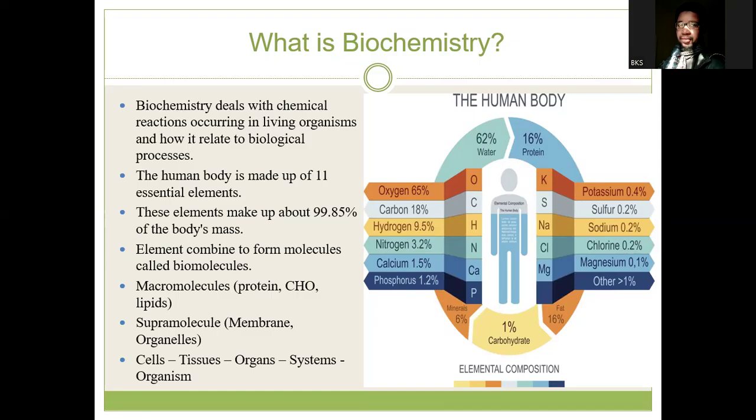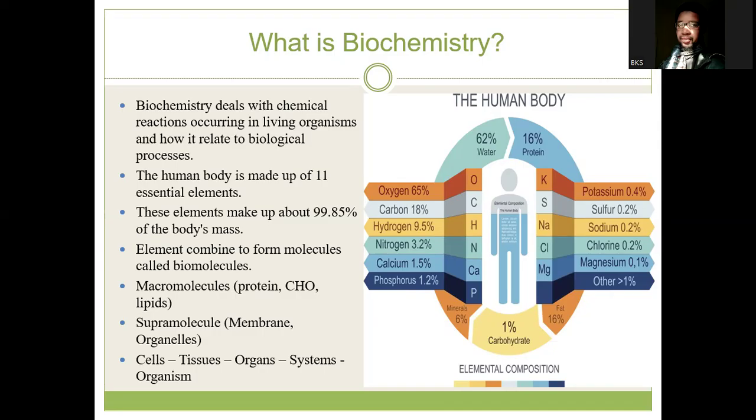We know that these elements, most particularly carbon, can react with itself, or form a bond with itself to form a carbon-carbon bond, and this leads to the formation of a lot of carbon compounds.